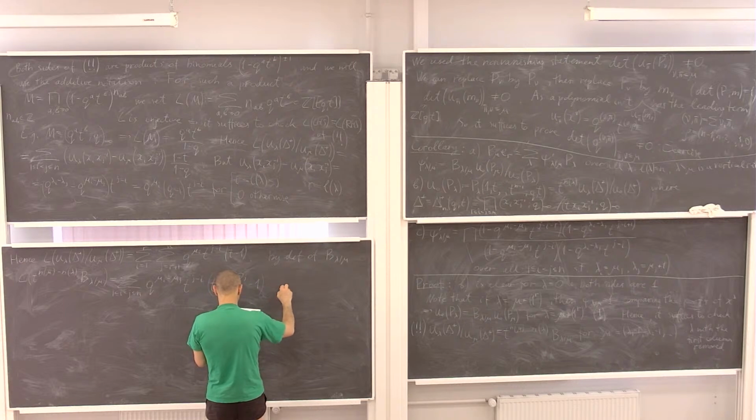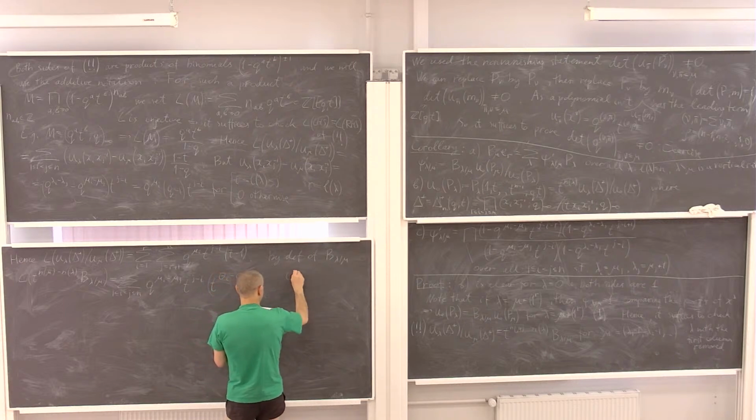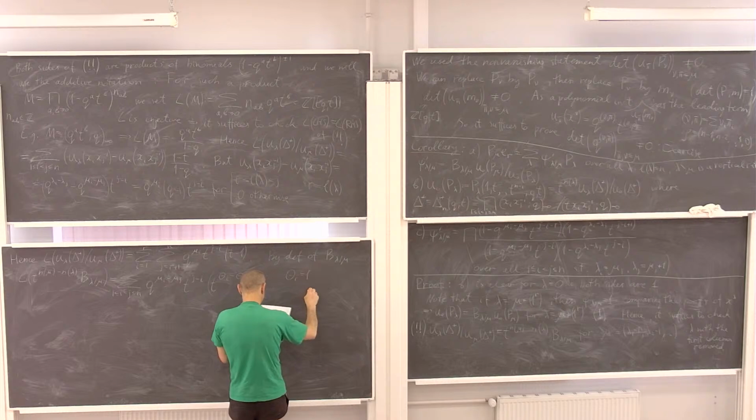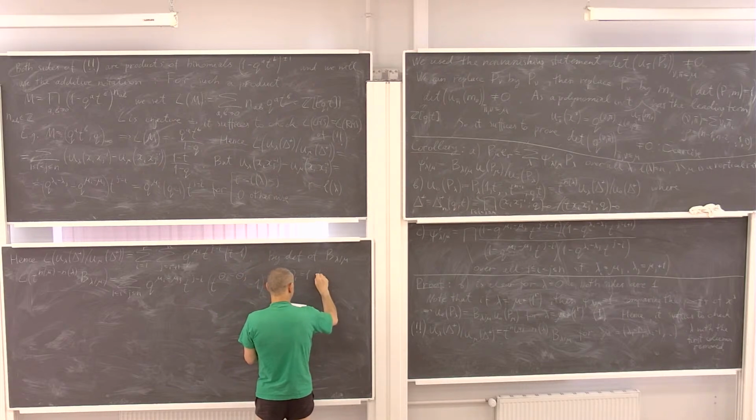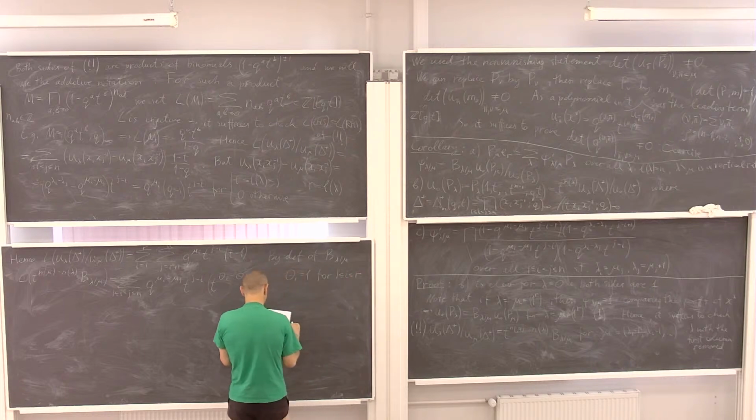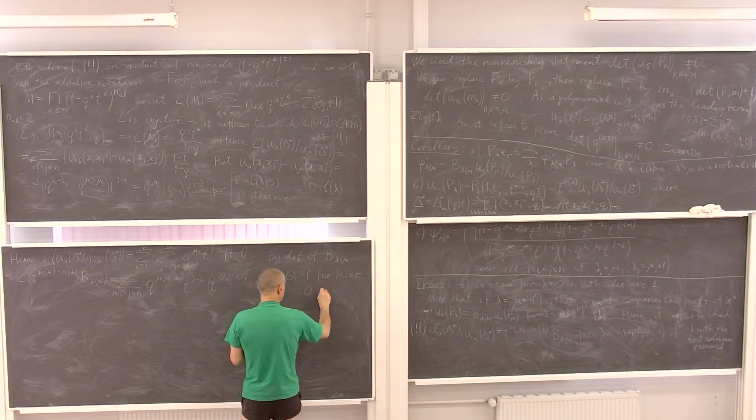So here, as usual, theta_i equals 1 for i less than or equal to length of lambda, and 0 otherwise.